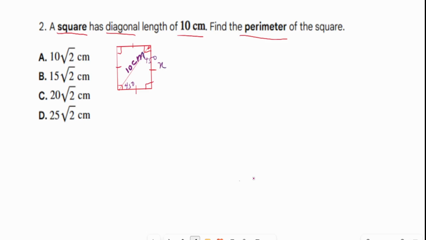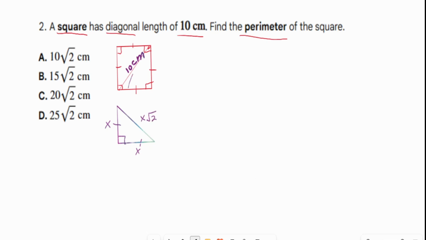So one of the special right triangle principles says that if we have a 45, 45, 90 special triangle, and each side has the measurement x because they are equal, then the hypotenuse will be x square root of 2.